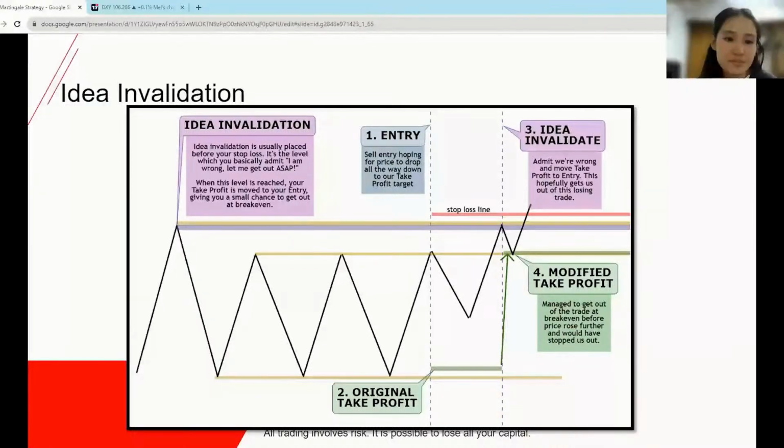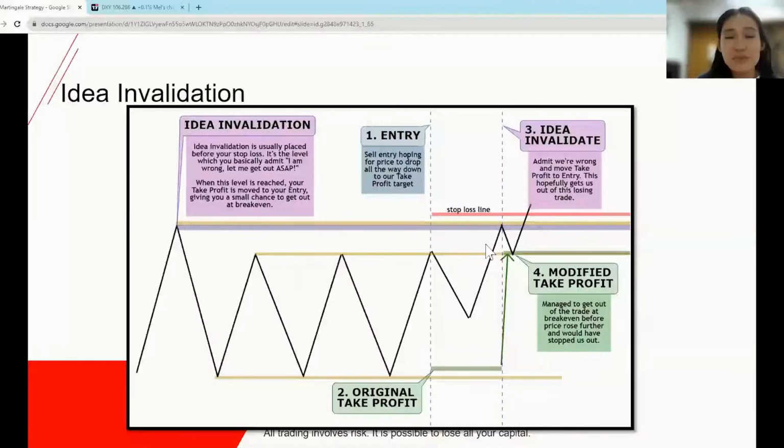So in this case, I am looking for a sell entry, so I'm moving downwards. I see price dropping towards our take profit, but instead of continuing, it reverses and hits back towards our entry. I can see my entry here.